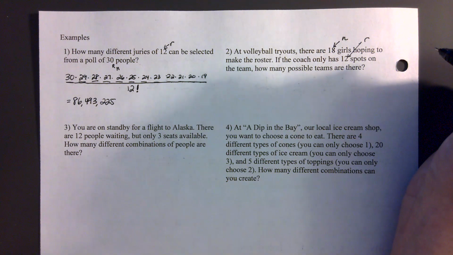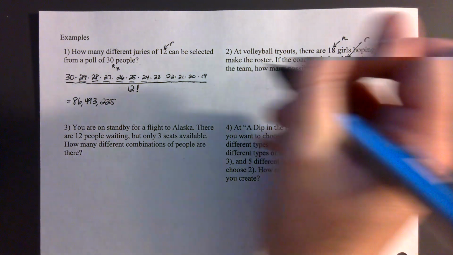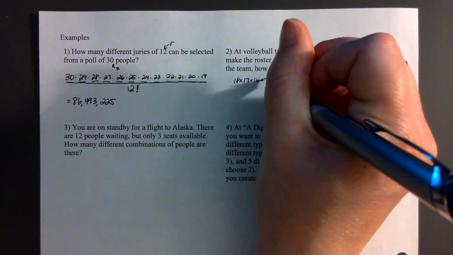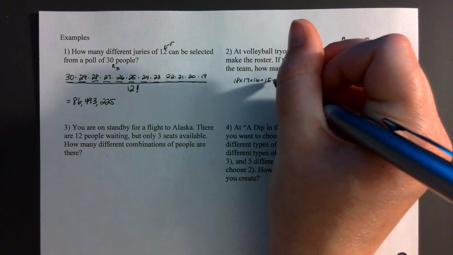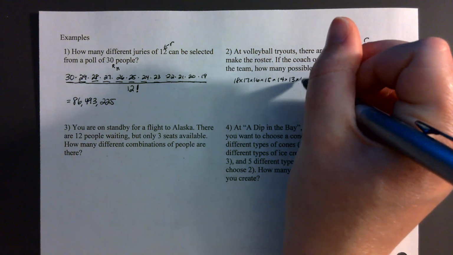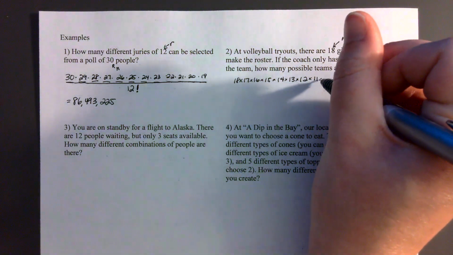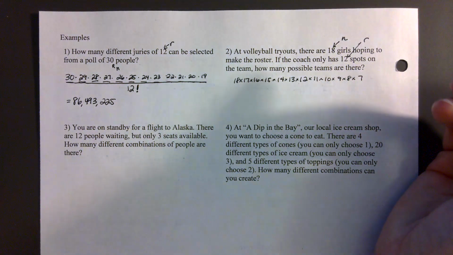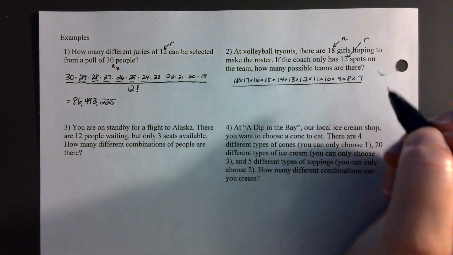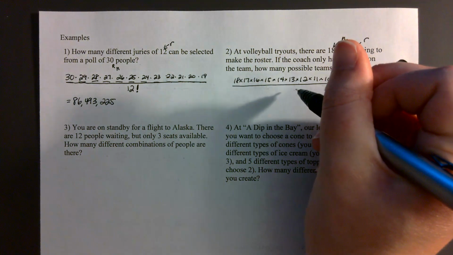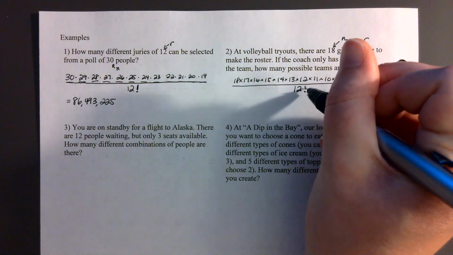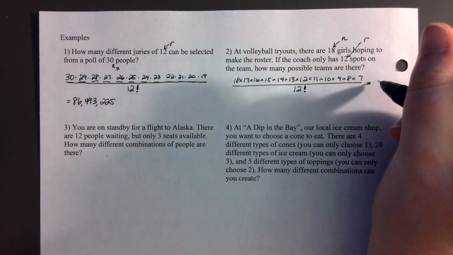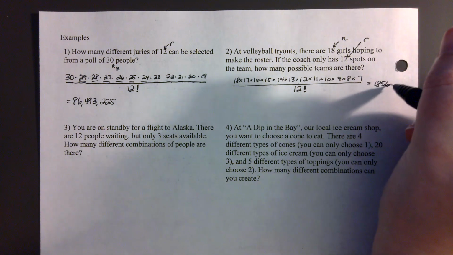So I take the total number of possible permutations, 18 times 17 times 16, 15, and so on for 12 positions, and divide by my repeats, which is 12 factorial. And I get 18,564 options.